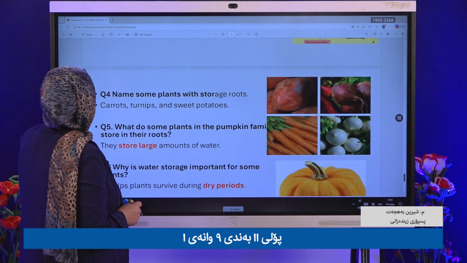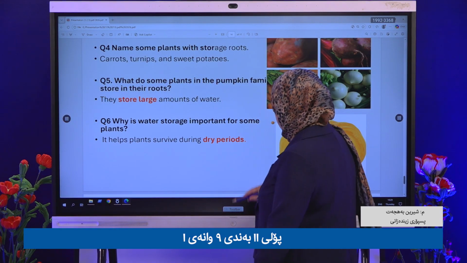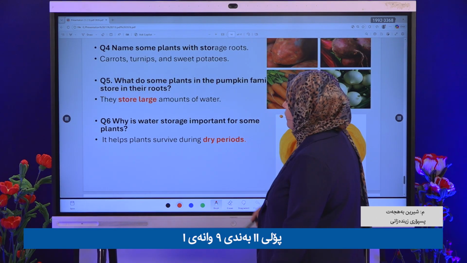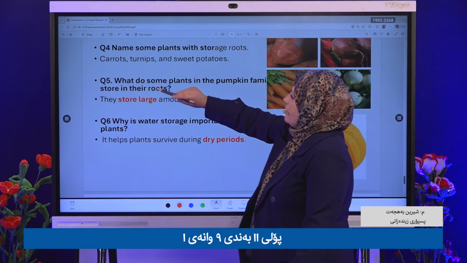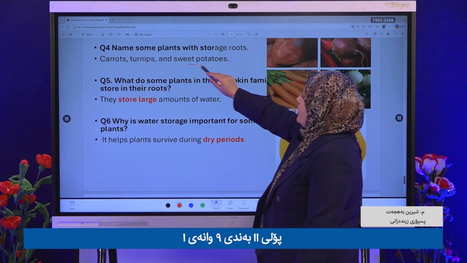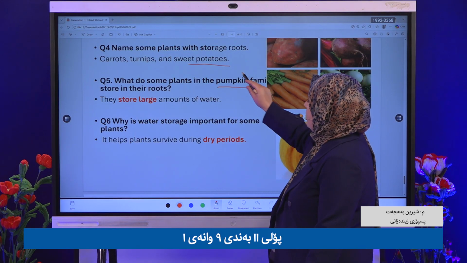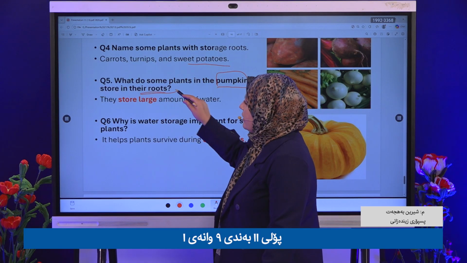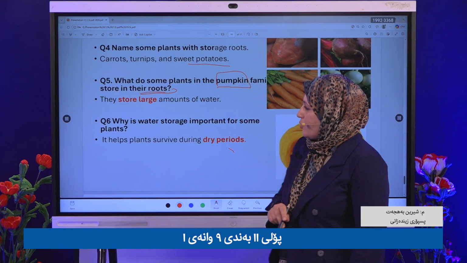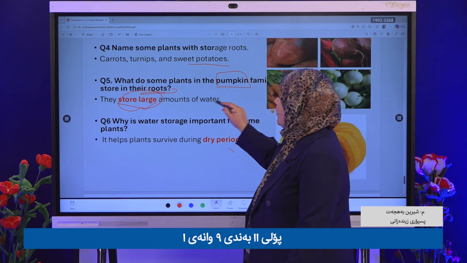Let's go. Name some plants which store in roots. For example, carrot, turnip, sweet potato, and potato. What do plants in the pumpkin family store in their roots? What do they store? They store a large amount of what?